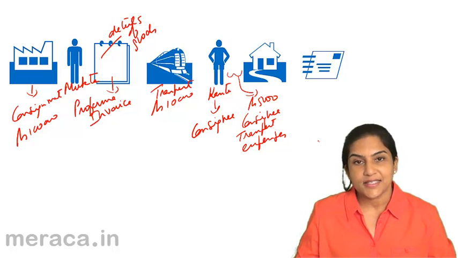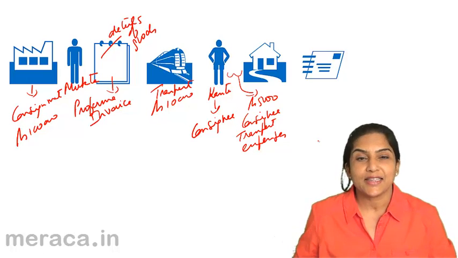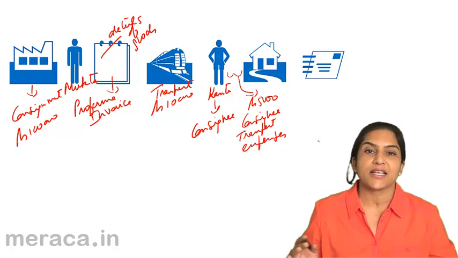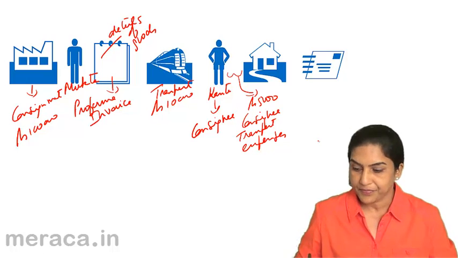Thereafter, the consignee will try and sell these goods either for cash or for credit as per the agreement at the prices as discussed with the consignor.